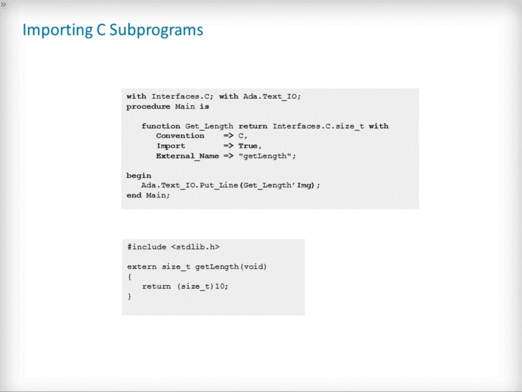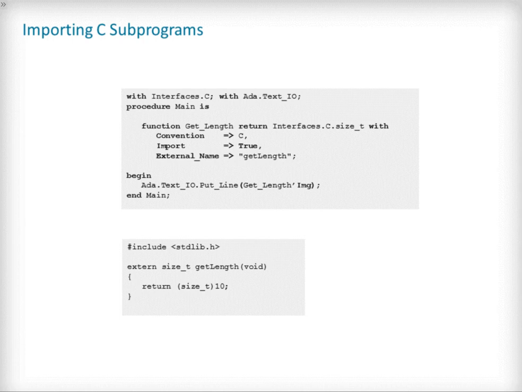We start off by looking at how a subprogram implemented in C can be imported into an Ada main program. The example code shows an Ada main program declaring a nested subprogram that is an imported function using the C calling convention.